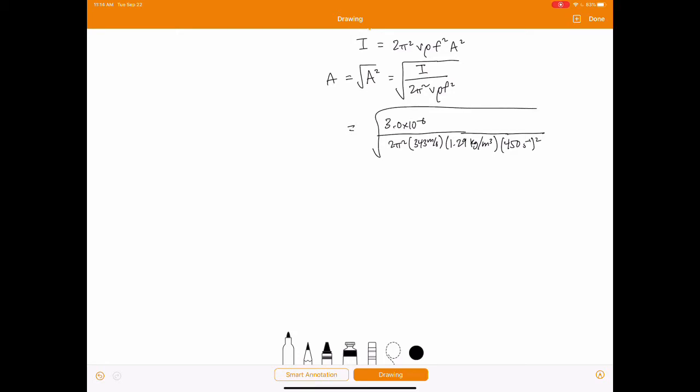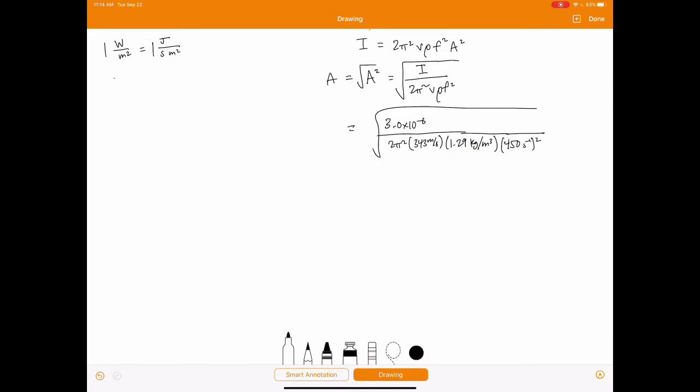But what about the units of intensity? Remember, this is given in watts per square meter. So let's just do a quick analysis of the units. Remember, a watt is a joule per second. So this is joules divided by seconds times meters squared.